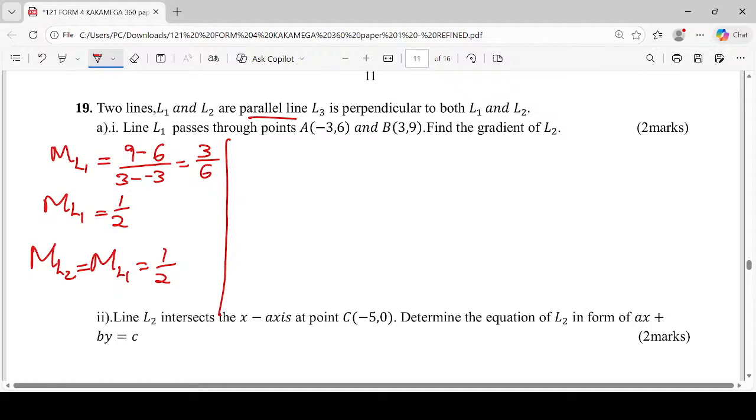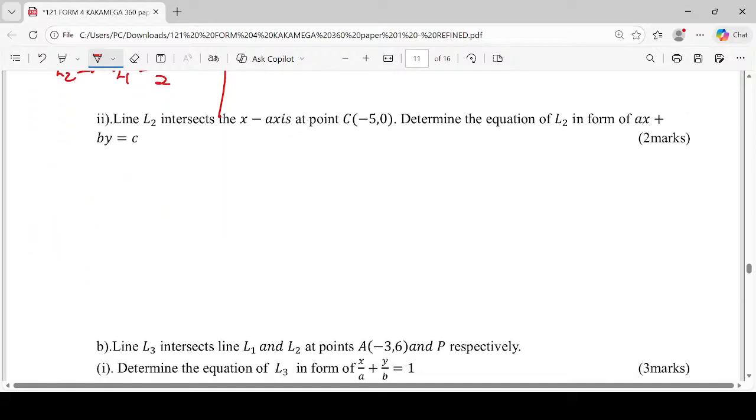So what is the question asking? The gradient of L2. So the answer is also a half, because the two share the same gradient, because they are parallel.